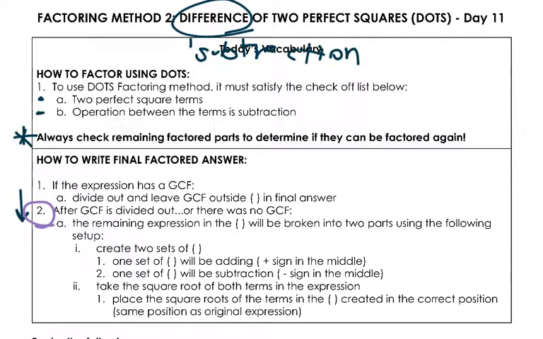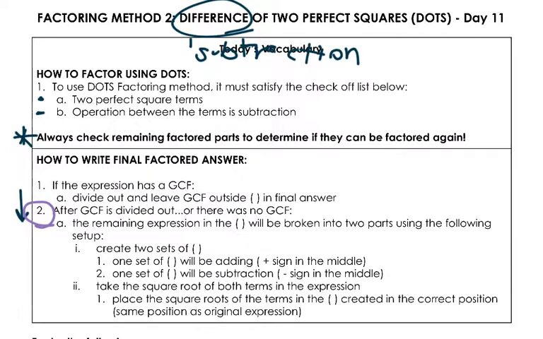The remaining expression in the parentheses will be broken into two parts using the following setup. You create two sets of parentheses. One set will be adding, so we'll have the addition sign in the middle, and the second set will be subtraction, with the subtraction symbol.